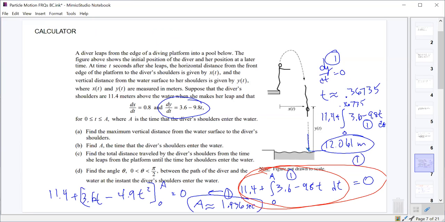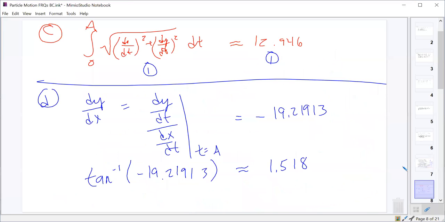Good or no? Yeah, we're always talking about a positive angle. Yeah, so you're right. If you put in inverse tangent of negative 19.21913 or whatever, that's just because the diver is going down at a very steep negative slope.